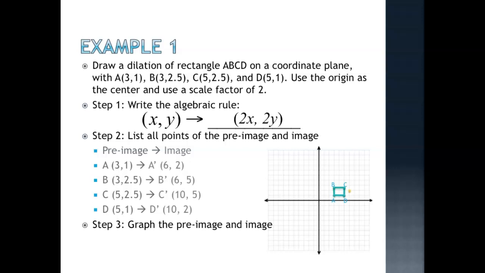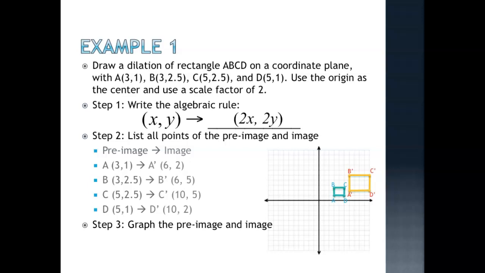So now we have 6, 2, 6, 5, 10, 5, and 10, 2. Now you can see, comparing these two, that the original versus the image after the transformation shows that we have, in fact, applied a dilation with a scale factor of 2.